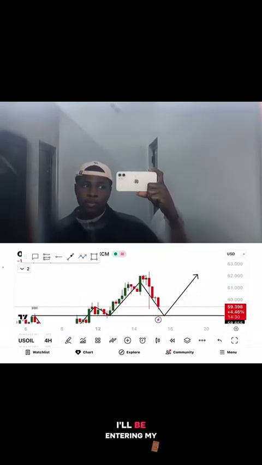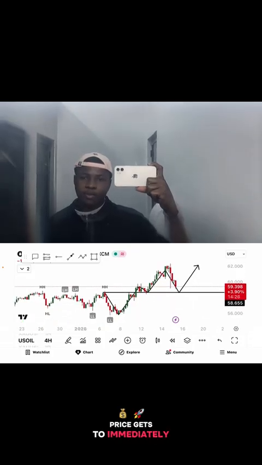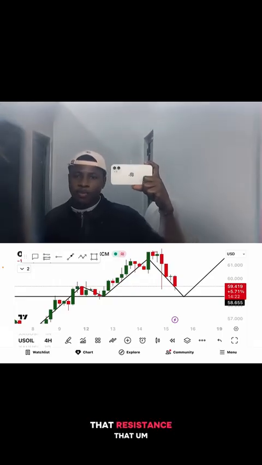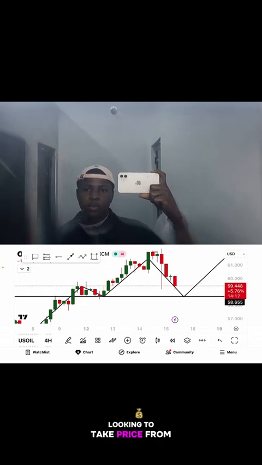I'll be entering my trade immediately price gets to that line right there, that resistance that buyers broke out from, and then I'll be looking to take price from that point.